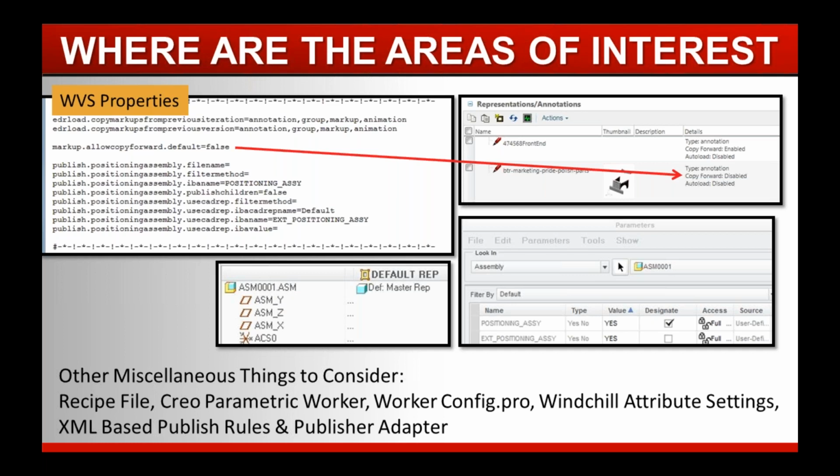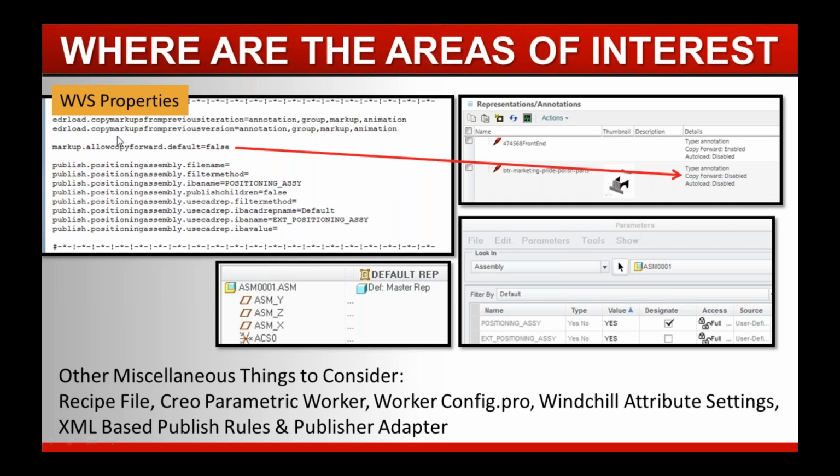Now in my case, with assemblies, I want those annotations copied forward all the time because I'm collaborating, right? I want engineers to modify assemblies, and I want to be able to put markups in Creo View, whether it's an annotation, an animation assembly sequence, or a saved group. I want those copied forward.